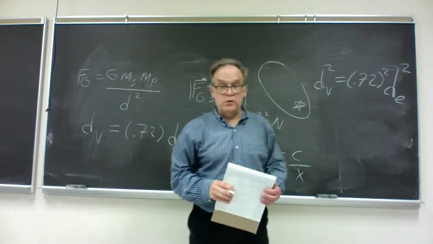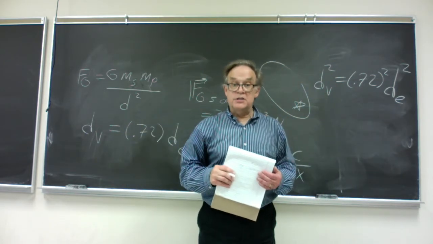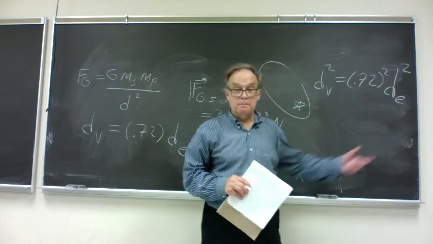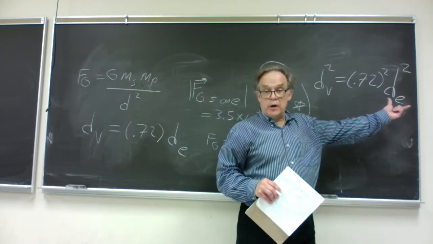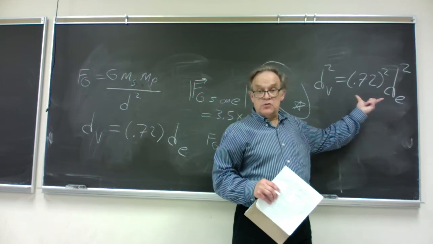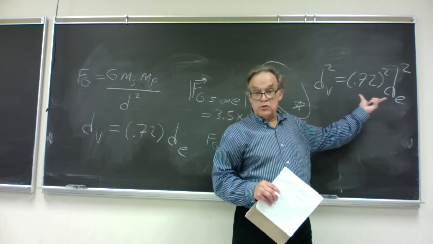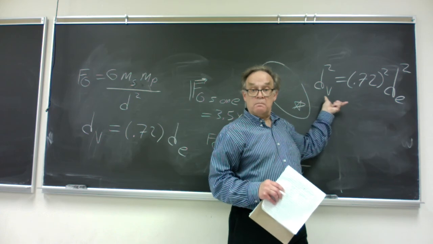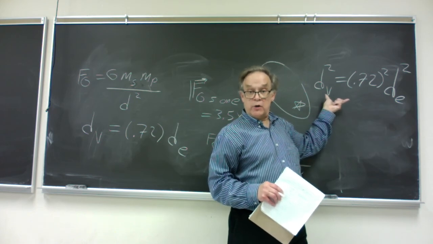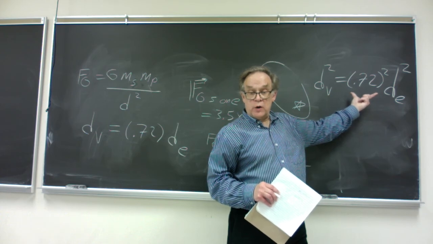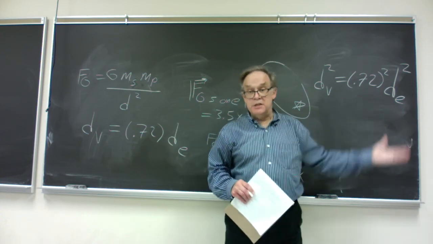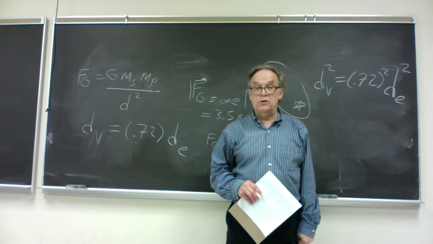So this variable called distance from the sun squared, one distance from the sun squared times this factor, 0.72 squared, gives us the other distance from the sun squared. So 0.72 squared is the factor by which distance from the sun squared changes.